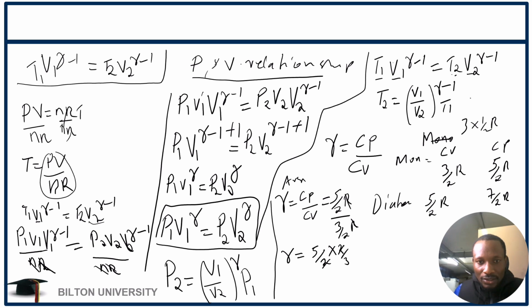So 2 cancels 2, and we are going to have 5 over 3. So the value of gamma for monoatomic gas is 5 over 3. If you substitute it in this equation here, then T2 is equal to the ratio of V1 over V2 to the power 5 over 3, which is the value of gamma, minus 1, times T1. Let's proceed to the next slide.